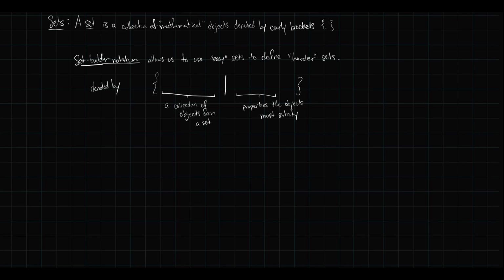The way we often read set builder notation is from left to right. We say we have a collection of objects, and we read this vertical line as "such that," or "satisfying," because everything on the right-hand side is a collection of properties that get satisfied.